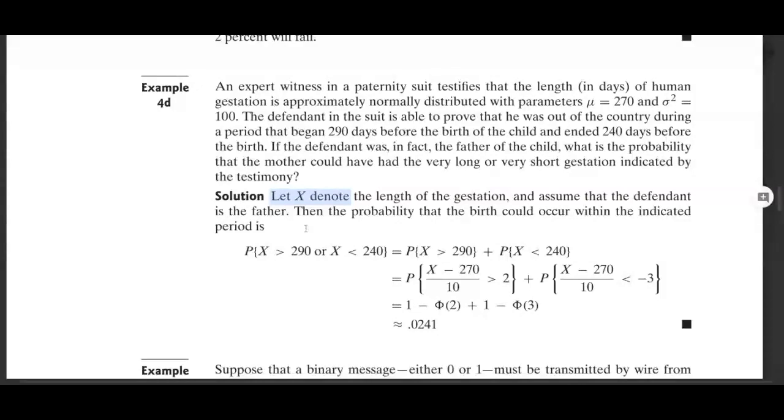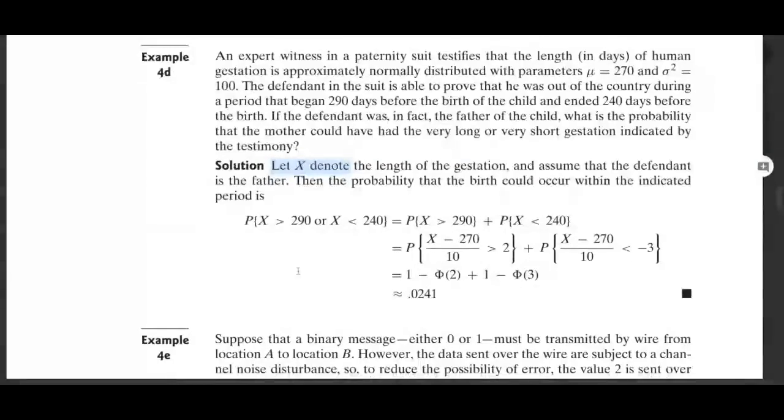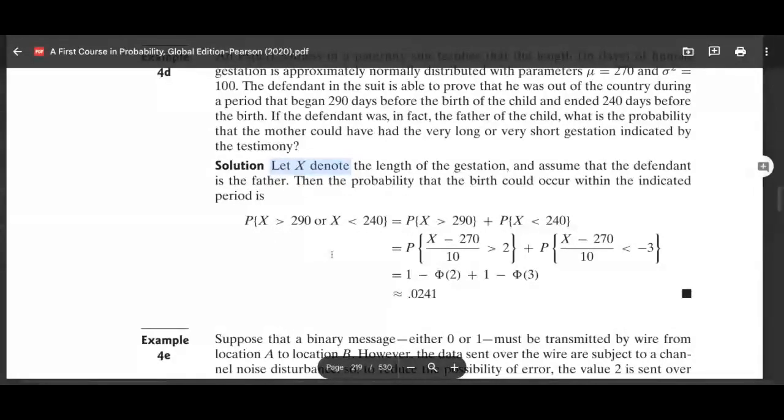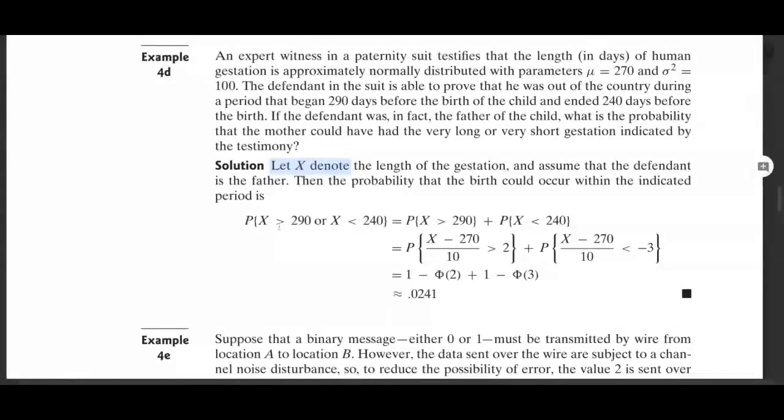Let X denote the length of the gestation and assume that the defendant is the father. Then the probability that the birth could occur within the indicated period is greater than 290 days or less than 240 days. For greater than 290 days, because it's greater than, we do 1 minus the value from the table.